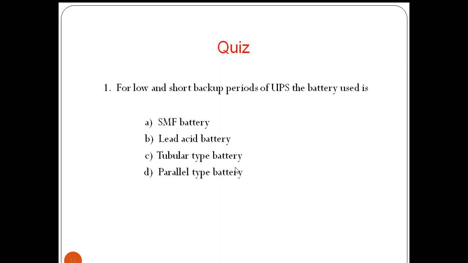For low and short backup, we go for SMF, sealed maintenance-free batteries. So option A is correct. Generally, we use sealed maintenance-free batteries for lower and short backup periods of UPS.